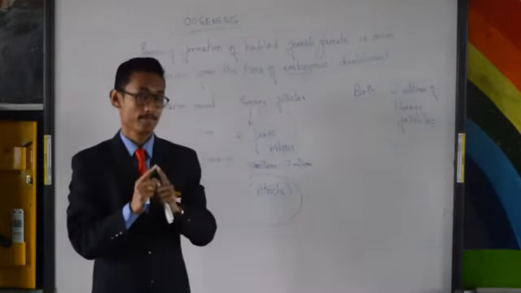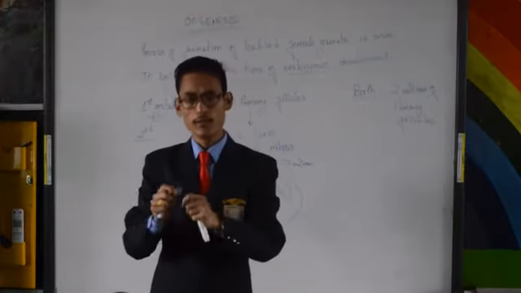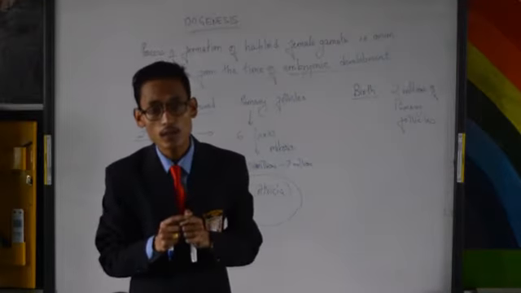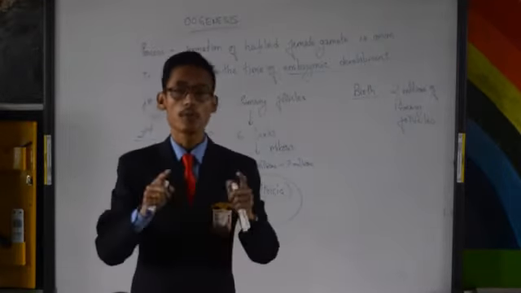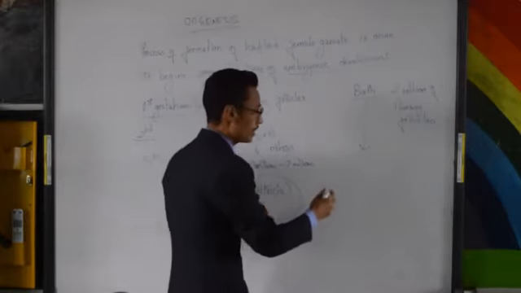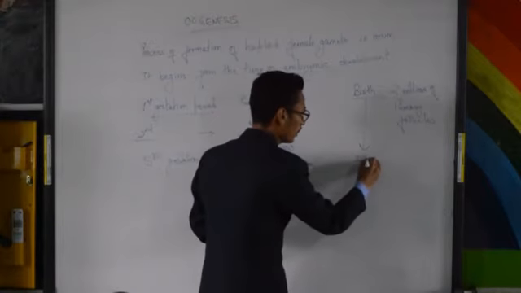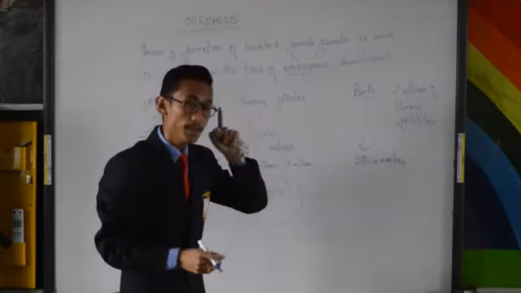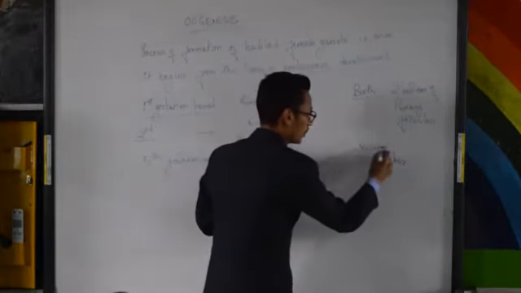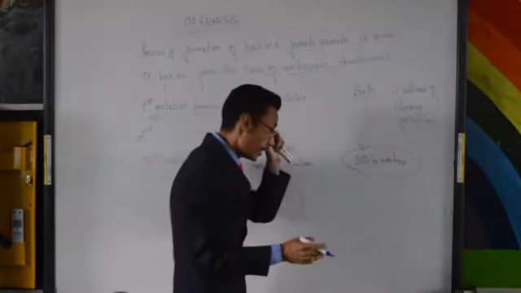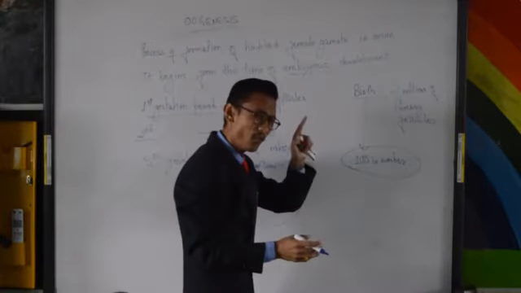Now, most important thing, after the birth of the female, not a single oogonia or primary follicle will be added or formed. For example, let's assume that at the time of birth the number of primary follicles was 100, then after birth not a single follicle will be added.